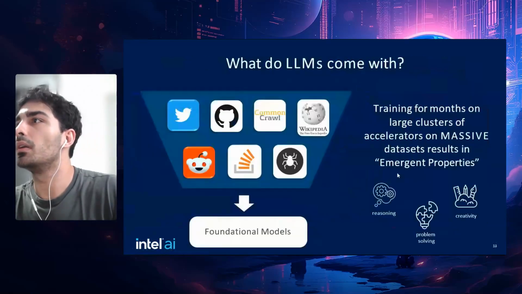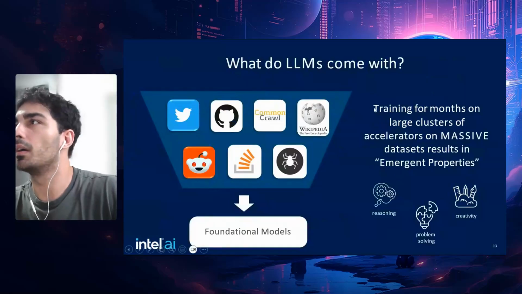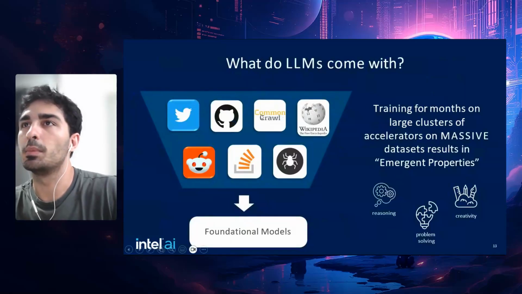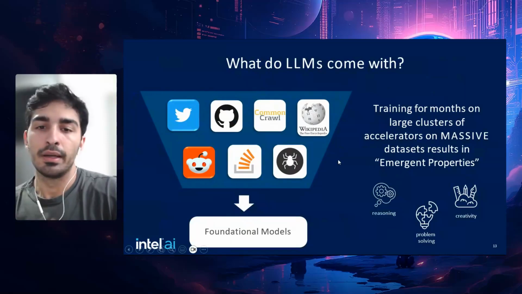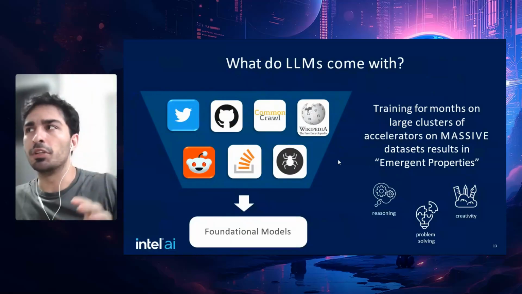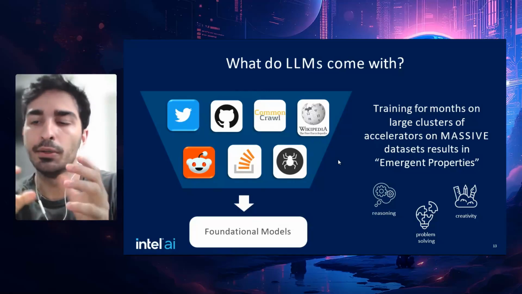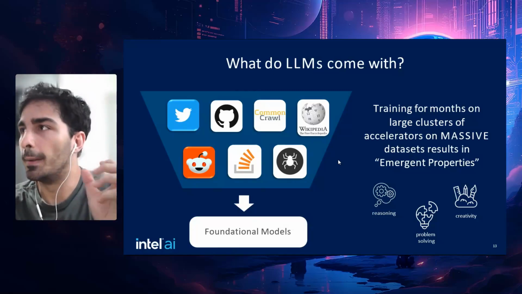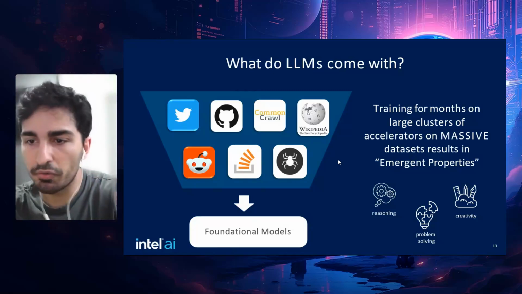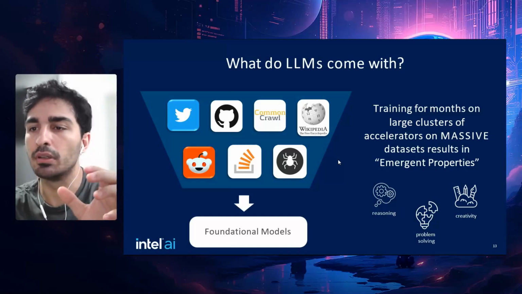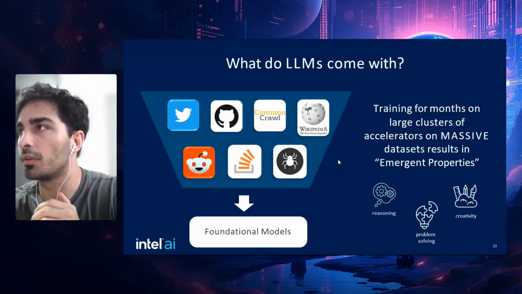So, I think this slide explains the idea of the emergent properties. The concept of the emergent properties is basically the core value that we get from the LLMs themselves.